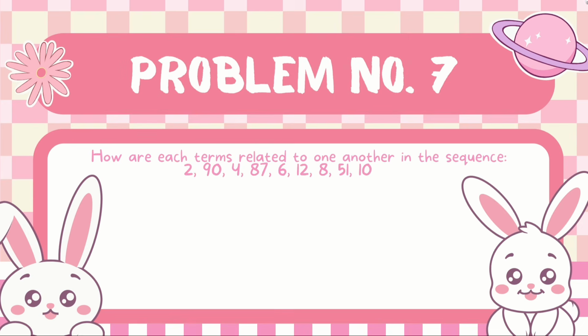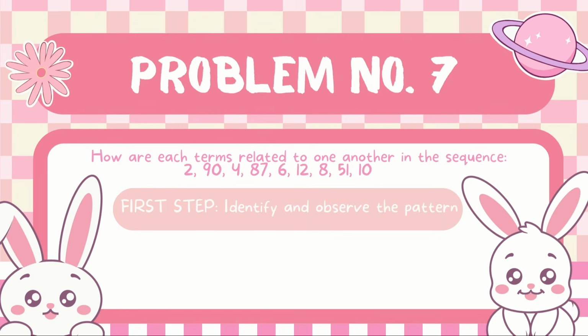And lastly, for our problem number 7, how are each of the terms related to one another in the sequence 2, 90, 4, 87, 6, 12, 8, 51, and 10? So how are they related to each other?